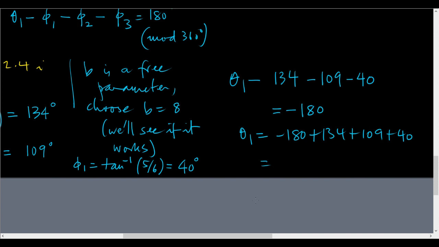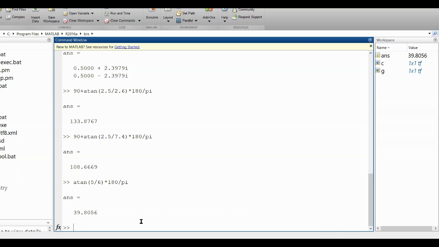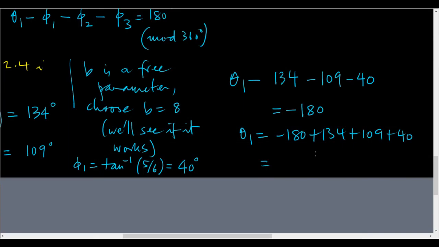Let's see how much that comes to. And that comes to minus 180 plus 134 plus 40 plus 109. Okay, all right. So that is 103. Okay, so theta 1 is 103 degrees, which is equal to 90 plus 13.